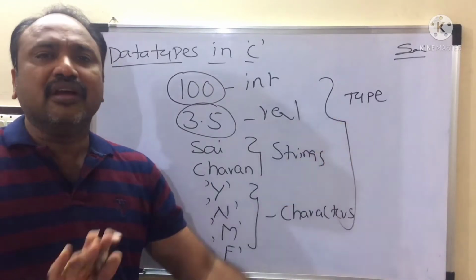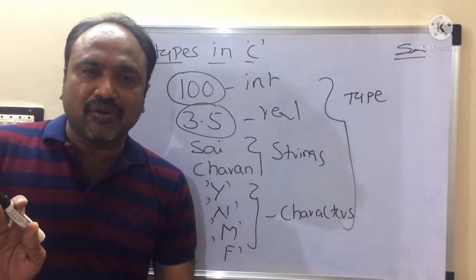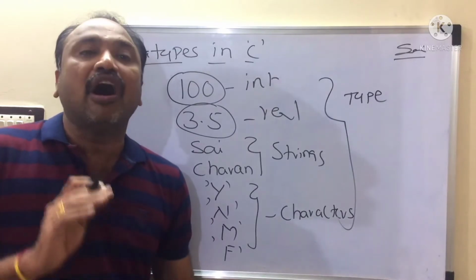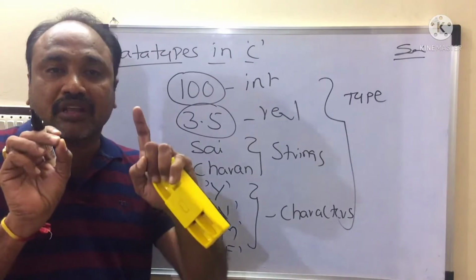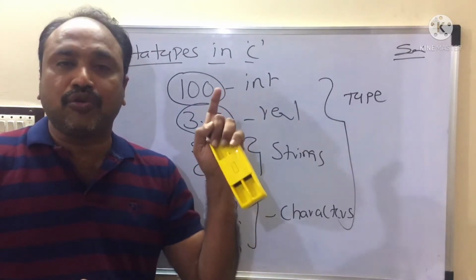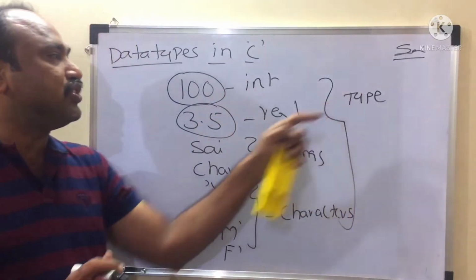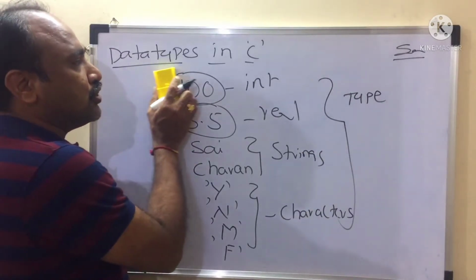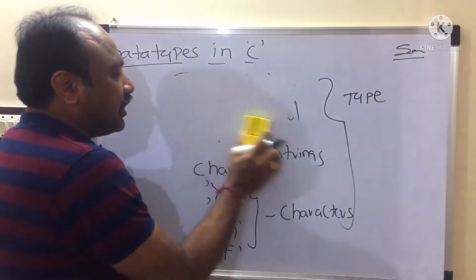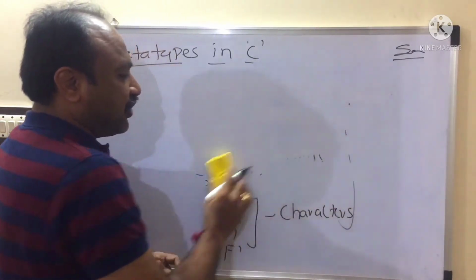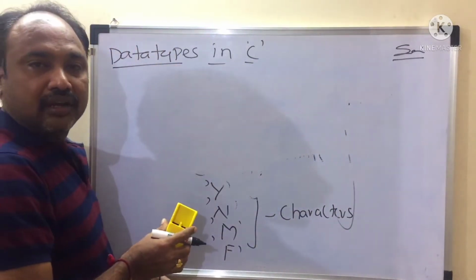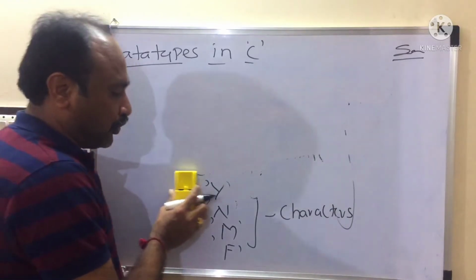But a computer doesn't know what type of data we are providing and how it has to accept it. That's why, when working with data, we have to specify it, using data types. So data types are used to specify the type of data used in the program.